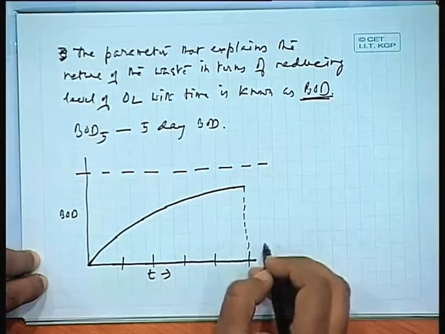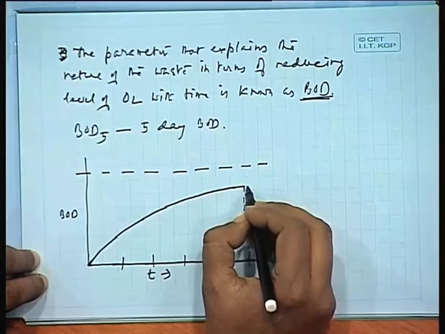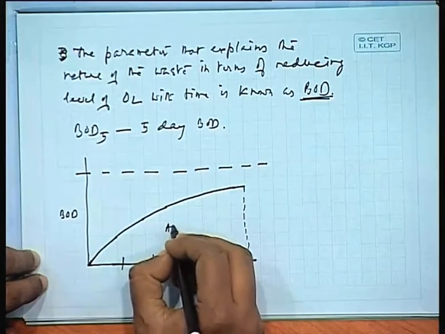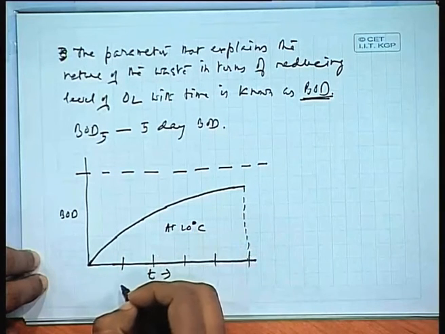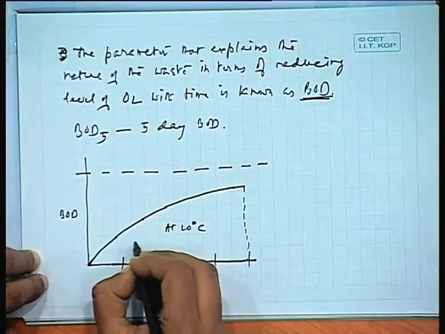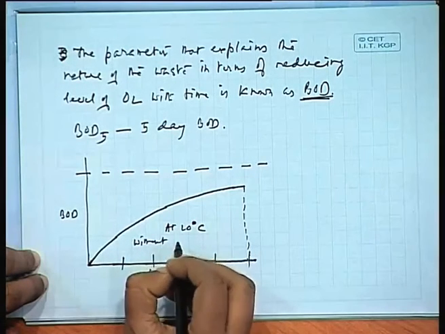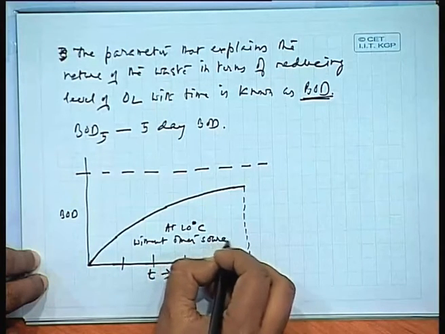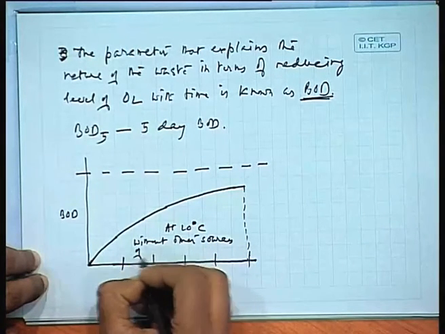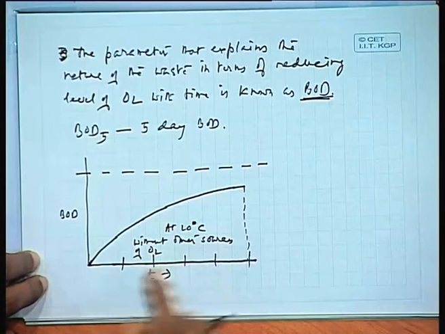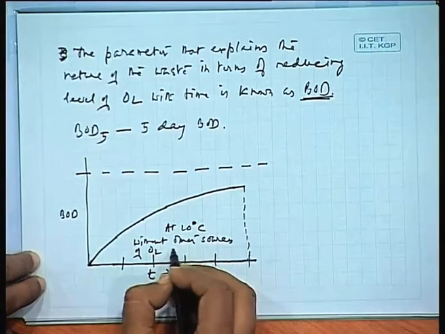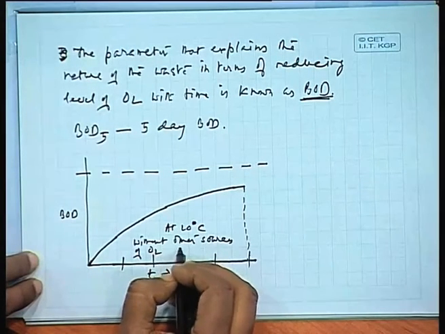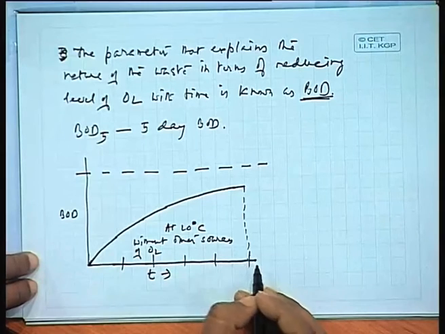In such cases it is generally observed at 20 degrees centigrade, without other sources of oxygen, thereby making sure that there are no other sources of oxygen supplied to the water.